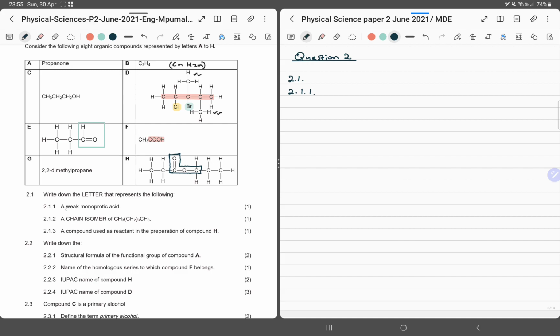So we want a weak monoprotic acid. So what do we know? It's going to be the COOH. It's a weak acid. That's ethanoic acid or acetic acid. So we want a letter, so that's letter F.